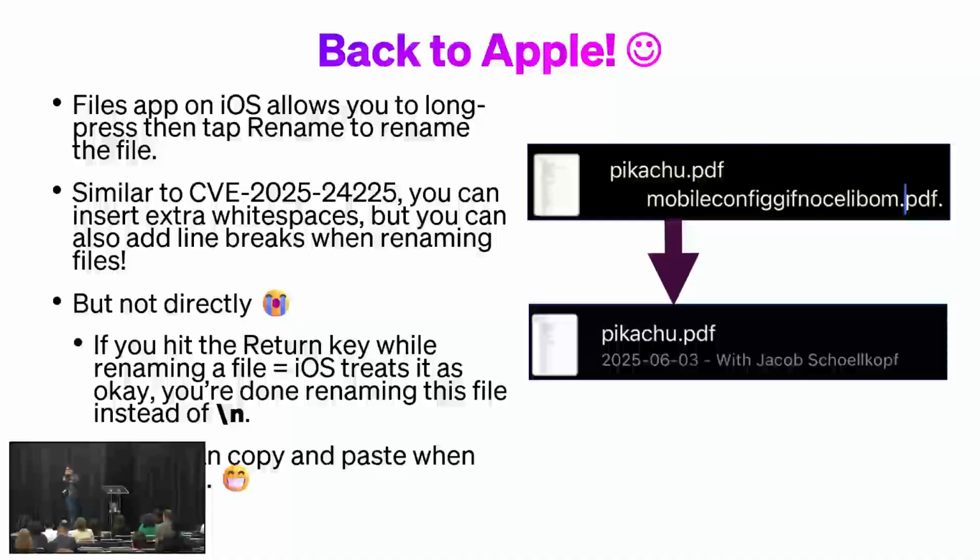It won't treat it as a line break. So the way you can get around that is you type in, like, Pikachu.pdf on the first line in the Notes app, and then you can type in the actual file extension at the bottom, and then you can just copy and paste it from your Notes app to your Files app when you're renaming the file.